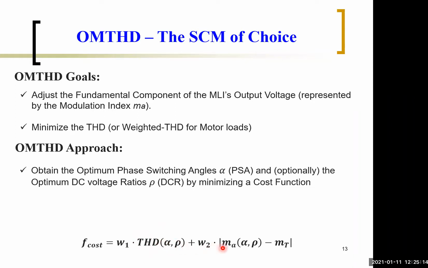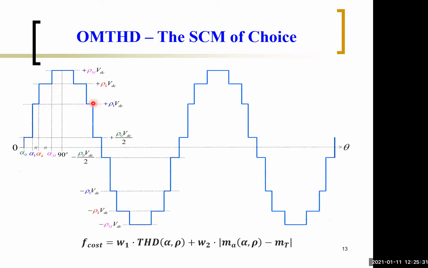And you have here the modulation error function, where MT represents the target modulation index that you want. And you have two weights that you need to calculate to properly scale this optimization problem and find the global solution.